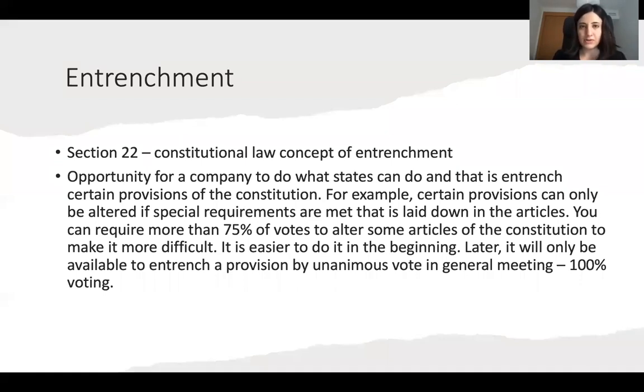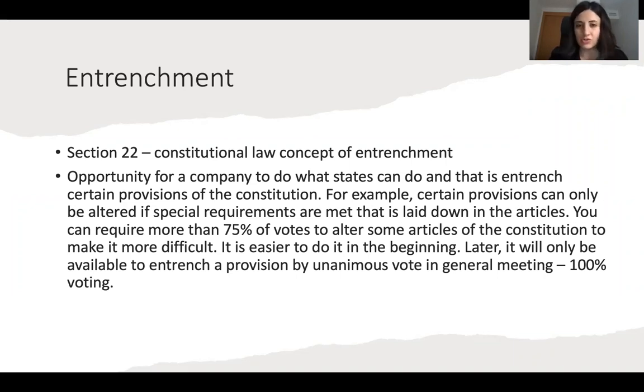Entrenchment. This is a very important principle that you need to know about a company's constitution. This basically means that you can change the general rule. The general rule is that for ordinary resolutions, to decide ordinary matters, 51% of the votes will suffice. To decide extremely important matters, such as altering the constitution, 75% of the votes is necessary. That's why it's called a special resolution.